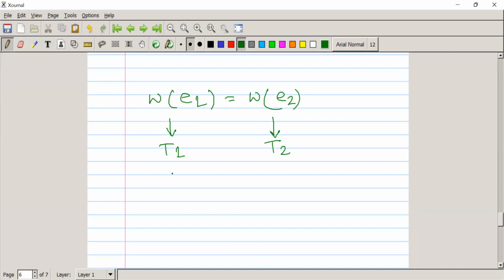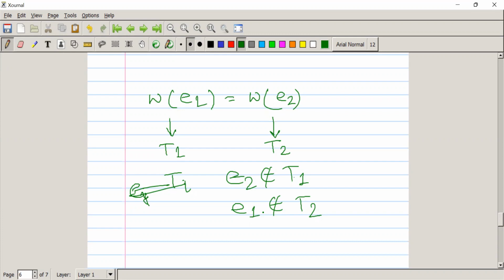Suppose E2 is not in T1 and E1 is not in T2. If all the other edges are the same in T1 and T2, then the total weights of T1 and T2 become equal.